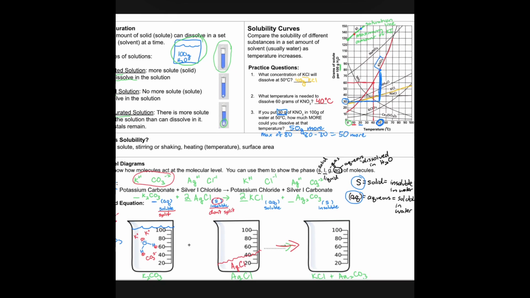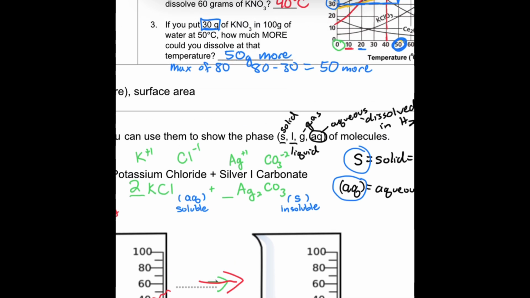Okay, so both of my products are going to have to go in this third beaker. So once again, I still have some water in there, so I'm going to draw it real quick. And I have two products to pay attention to. One of them is soluble, so I'm going to split that one up. And one of them is insoluble, so I'm not going to split that one up. The insoluble one, I'm just going to put on the bottom, right? Because that one's just going to be a solid.